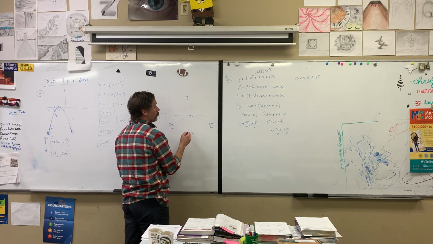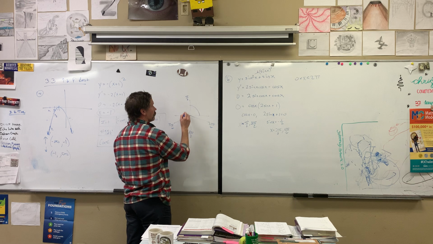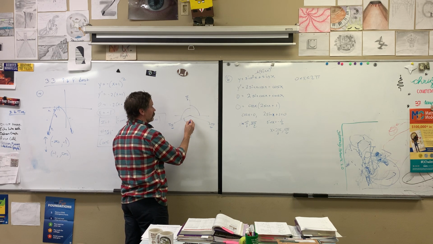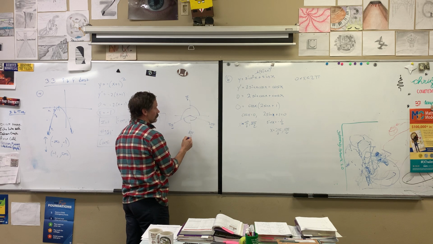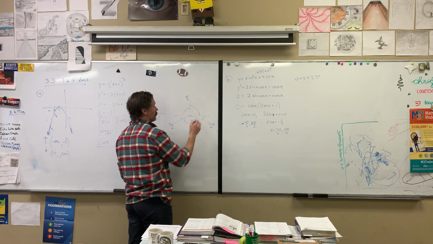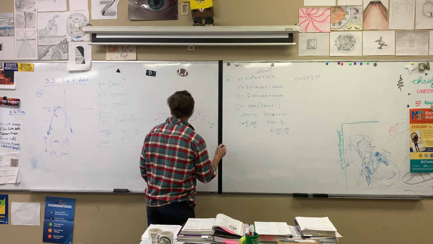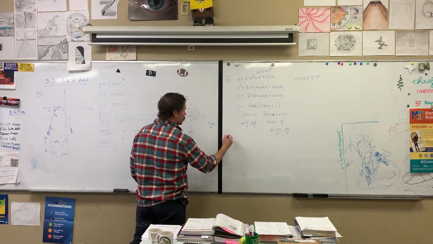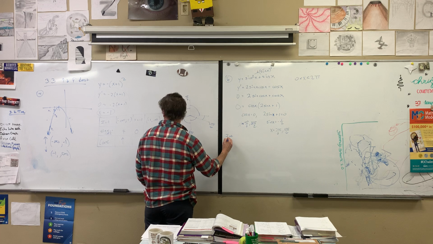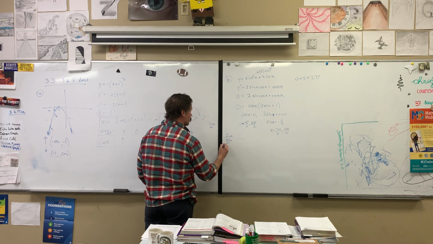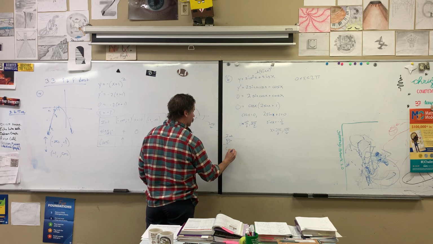So our intervals are going to be from 0 to pi over 2, pi over 2 to 7 pi over 6, 7 pi over 6 to 3 pi over 2, 3 pi over 2 to 11 pi over 6, and 11 pi over 6 to 2 pi. So you could do a little chart there: interval, then the sign of f prime, and then the conclusion from that.